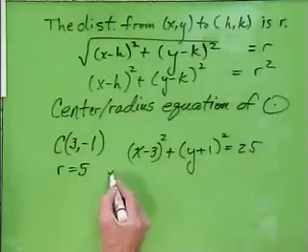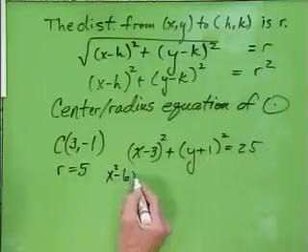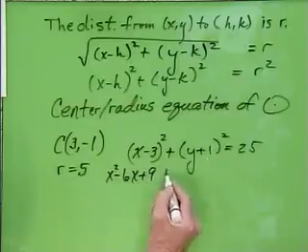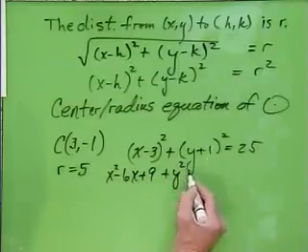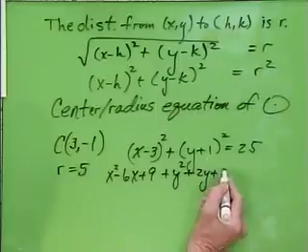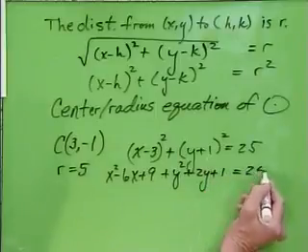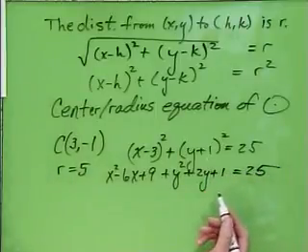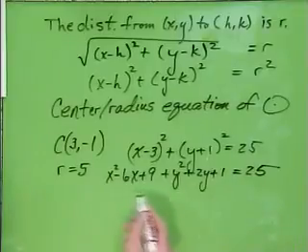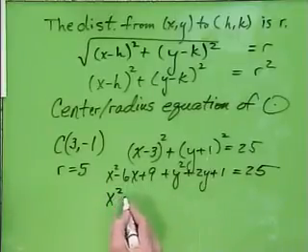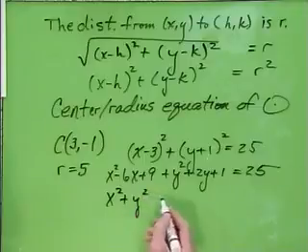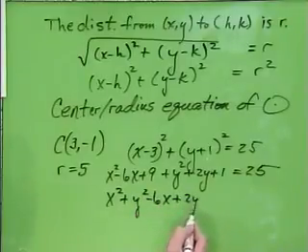If I multiply this out, this would be x squared minus 6x plus 9 plus y squared plus 2y plus 1 equals 25. Is that large enough for you to read? Can you read that okay? Okay, and if I rearrange terms, I have x squared plus y squared minus 6x plus 2y.